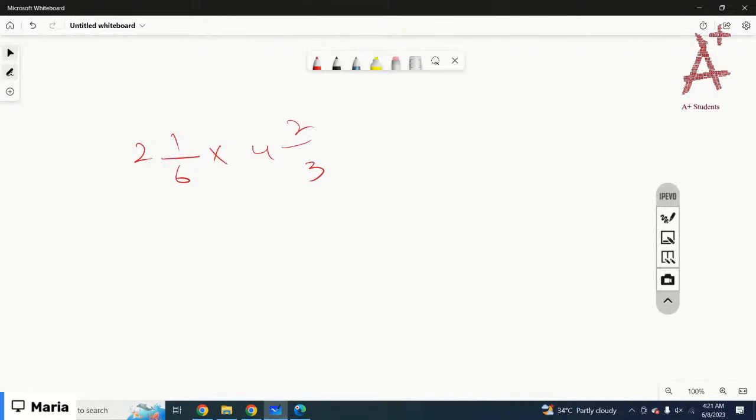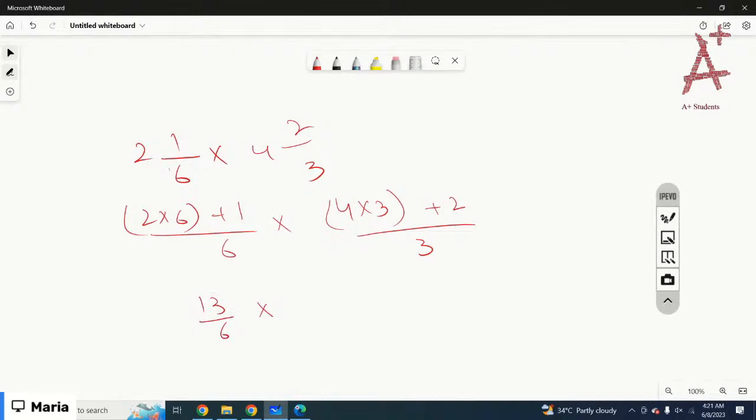Okay, 2 times 6 plus 1 over 6, 4 times 3 plus 2 over 3. Got it? So it would be 2 times 6 is 12 and 1, 13 over 6. 4 times 3 is 12 and plus 2, 14 over 3. Got it?